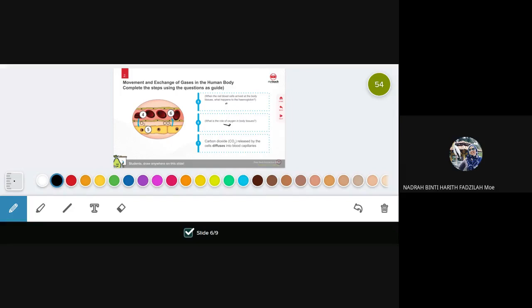When I place that arrow there, it is meant for you to write a chemical equation for that particular box. Okay, it is meant for you to write a chemical equation on that box.